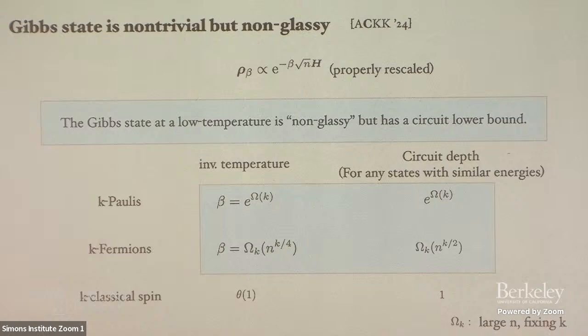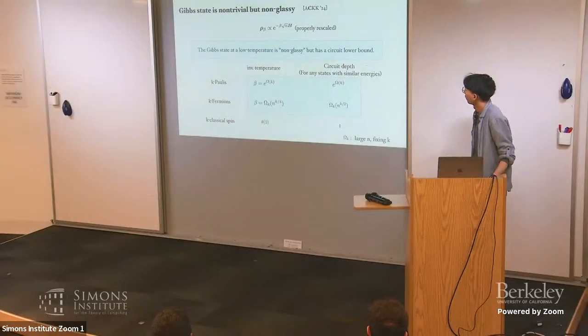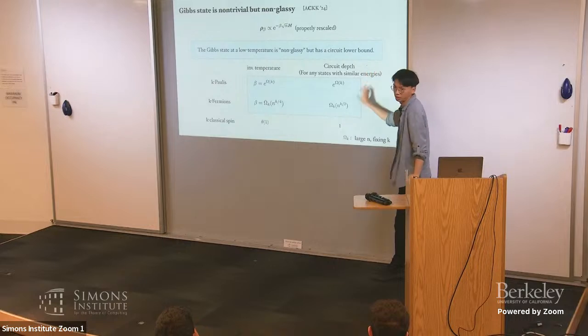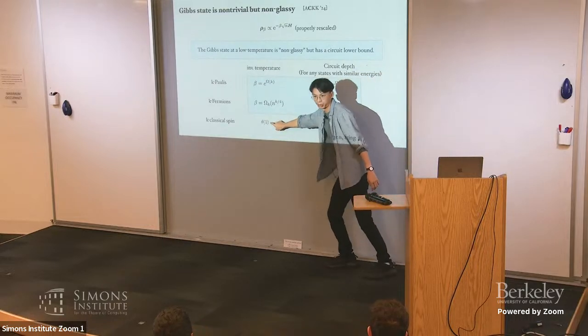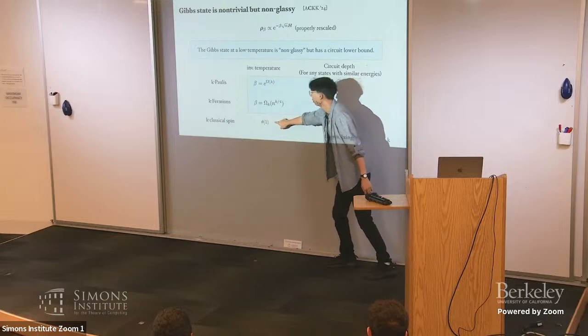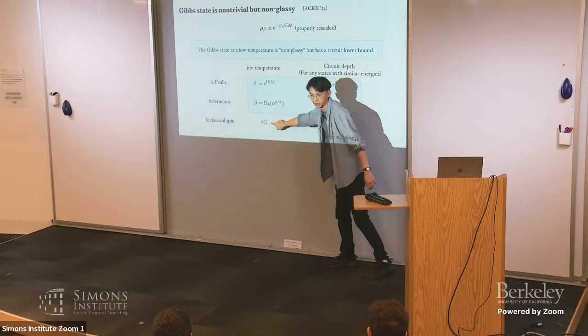Can you talk about why you chose the square root n rescaling for the Hamiltonian in the Gibbs state? Okay, this is just a normalization, but you can compare with the classical case, where the base point for classical things happens at constant beta.